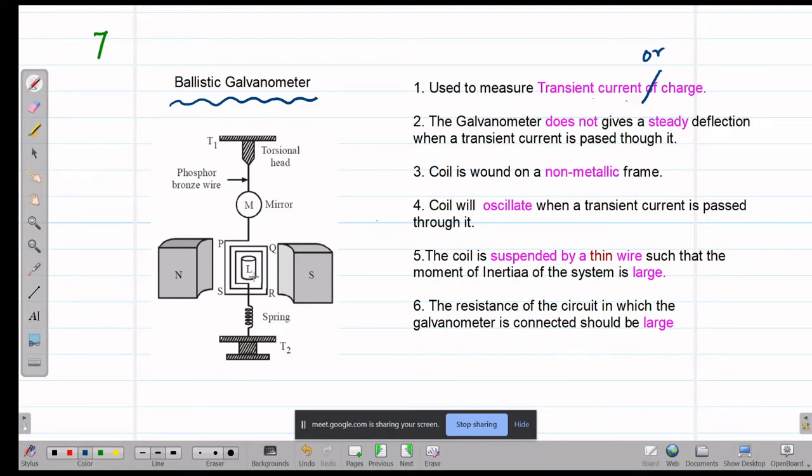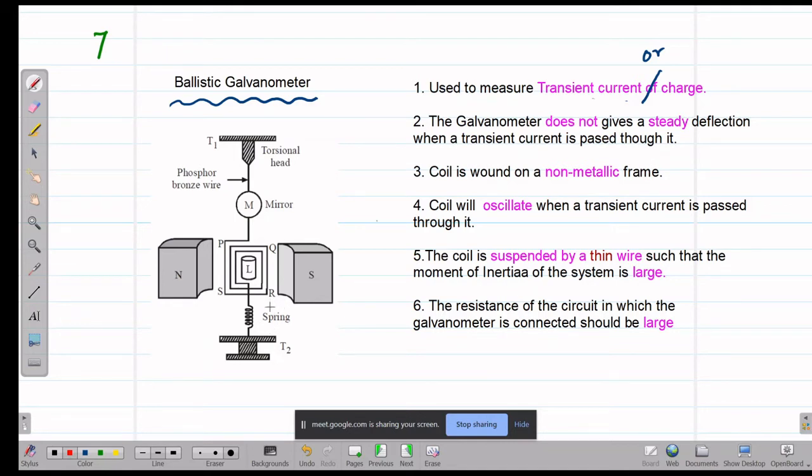A radial magnetic field means that in any position of the coil, the angle theta, which is the angle between the normal to the plane of the coil and the magnetic field, will always be 90 degrees. This will help us a lot because the torque tau will be NAIB sine theta, where theta is 90, so the sine theta term will become 1. We will see that.